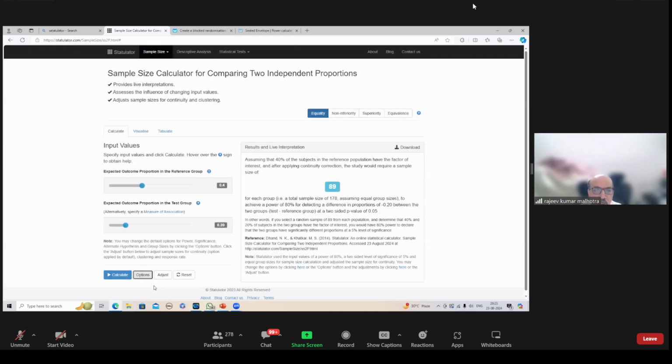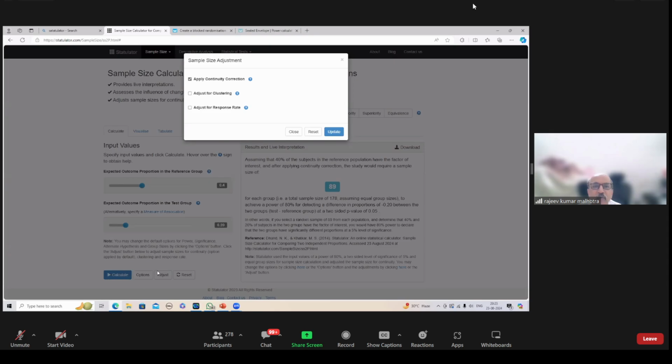Now this is the option adjustment. Adjustment is like we have discussed here; the continuity correction is there. What is the meaning of continuity correction? I have not explained. The normal distribution is continuous, but we are using proportions, which follow a binomial distribution.